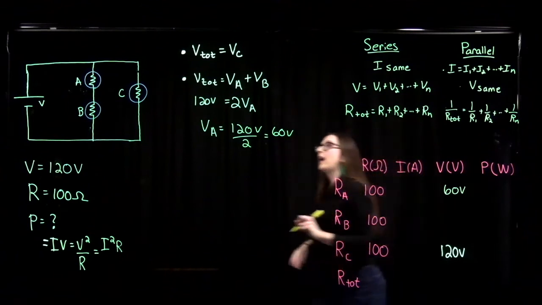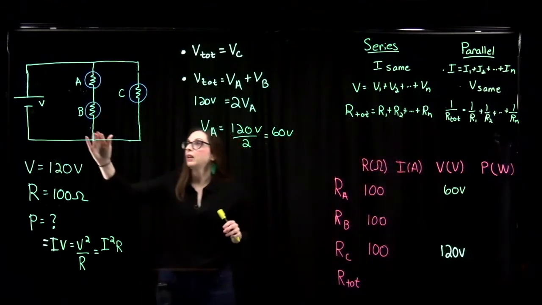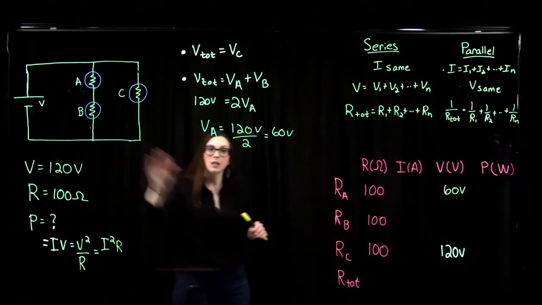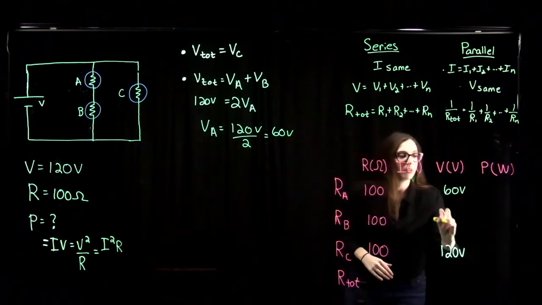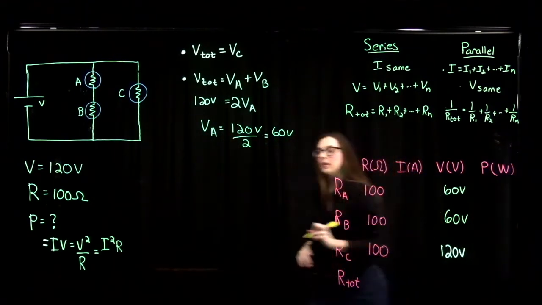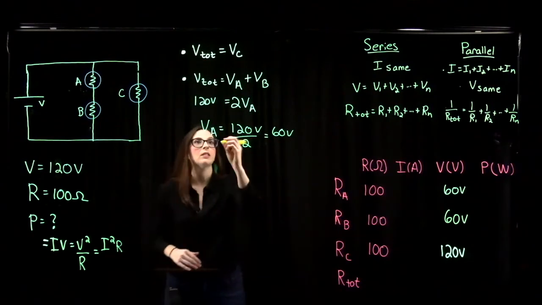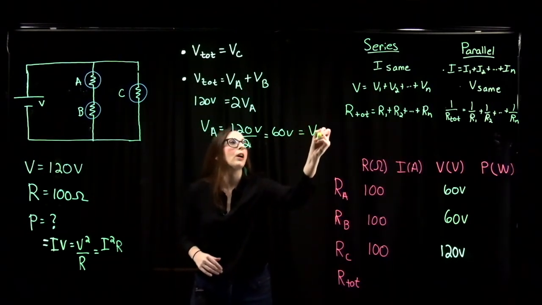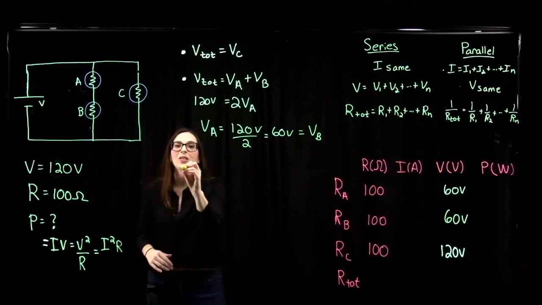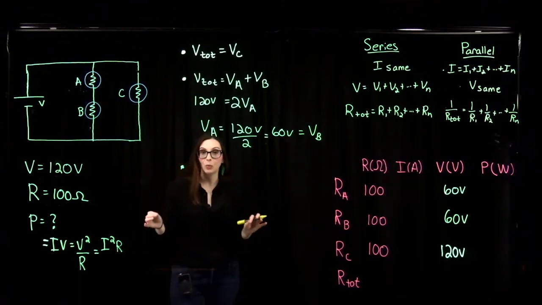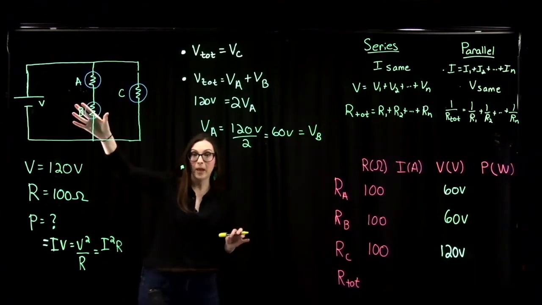And since bulb A has the same resistance as bulb B, the potential across B must also be 60 volts. Okay? Well, now we can find the current through each one of these light bulbs.